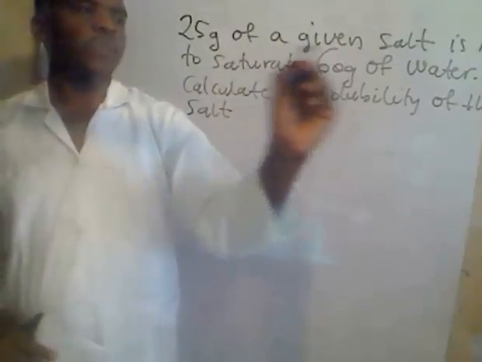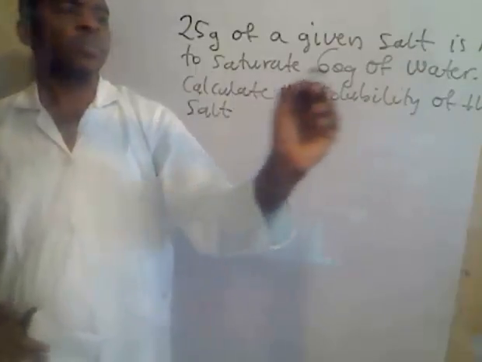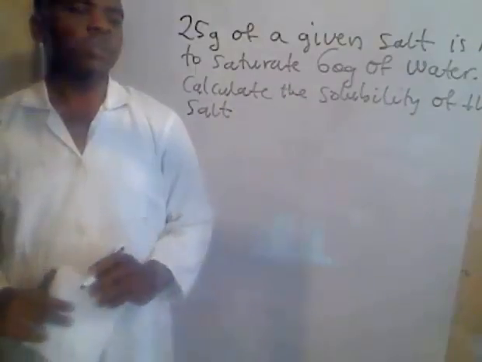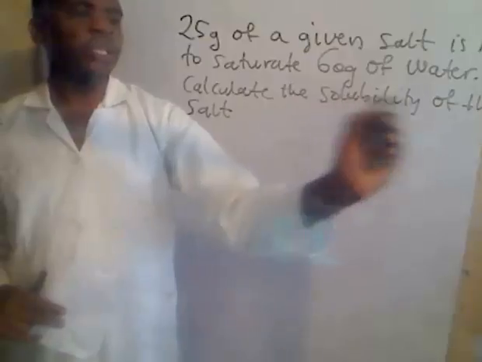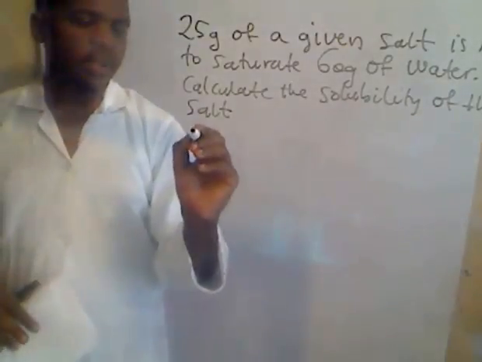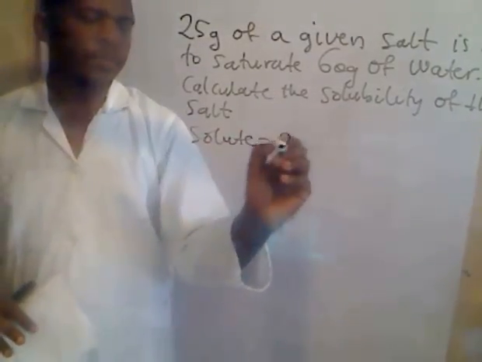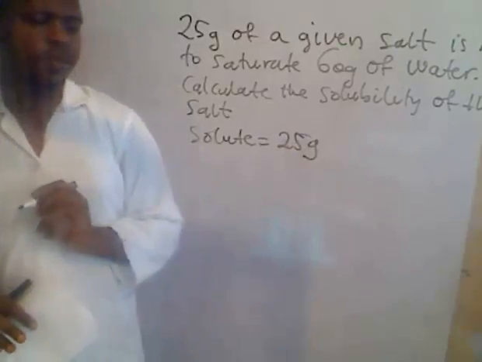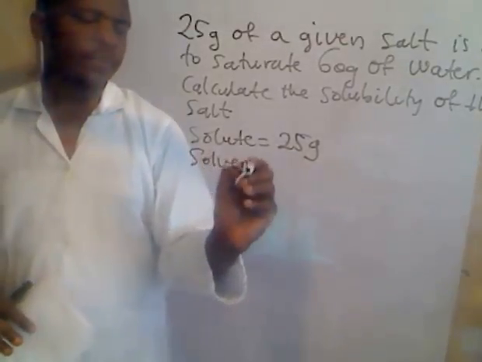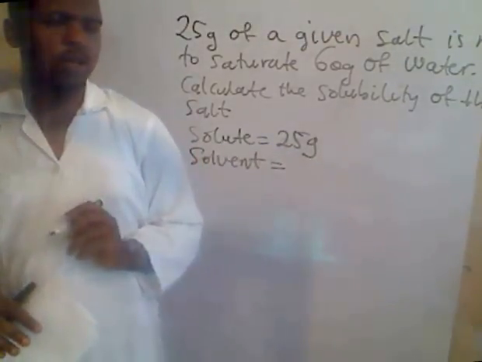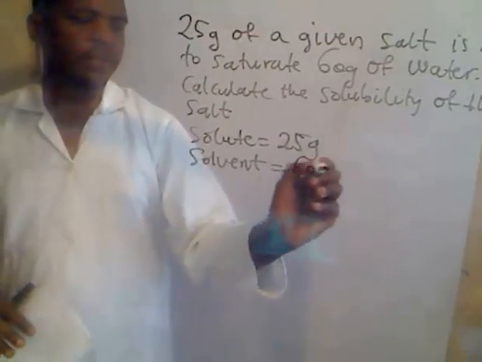Let us look at the calculation on solubility. 25 grams of a given salt is needed to saturate 60 grams of water. Calculate the solubility of this salt. So, amount of solute is 25 grams. Amount of solvent equals 60 grams.